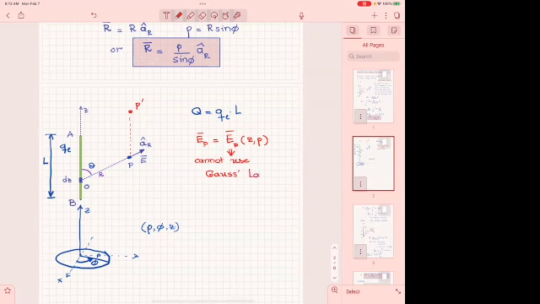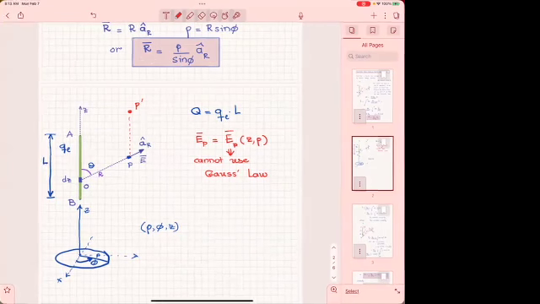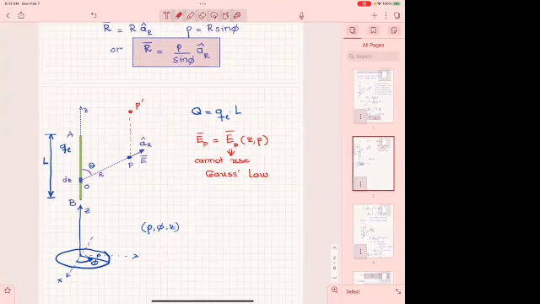With Gauss's law, we were integrating over a volume, and then reducing the volume integral into a surface integral using the divergence theorem. Then we found a surface where the field was the same everywhere. But there is no closed surface in this case where the field is the same everywhere. That's why we cannot use Gauss's law.